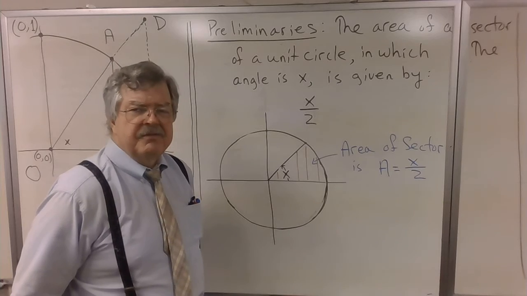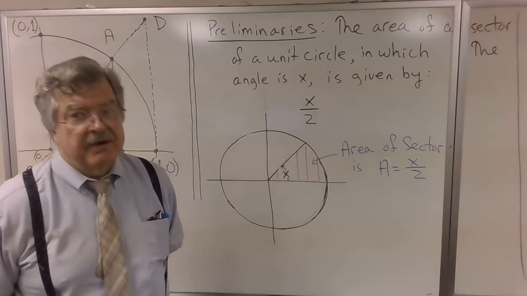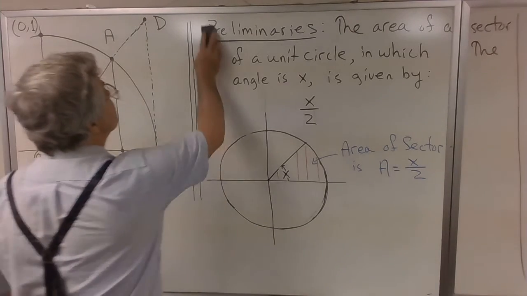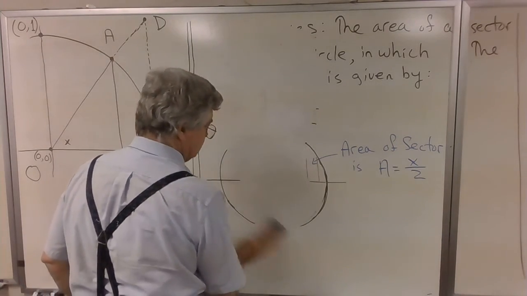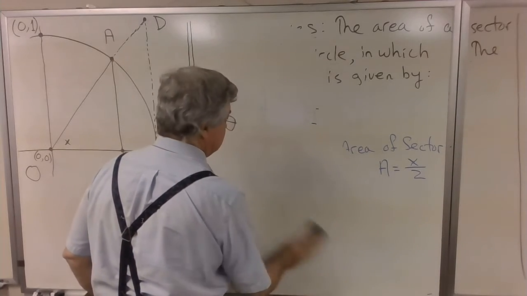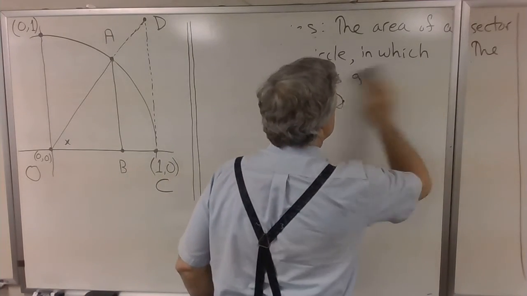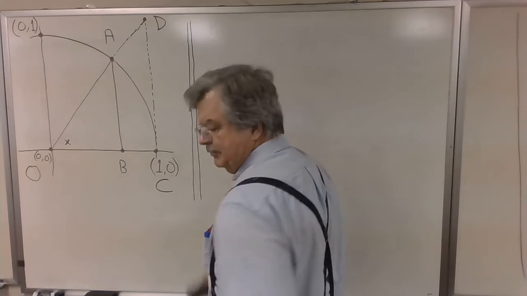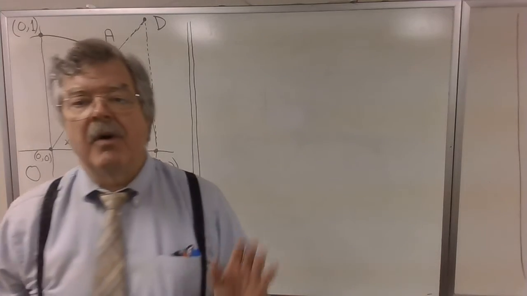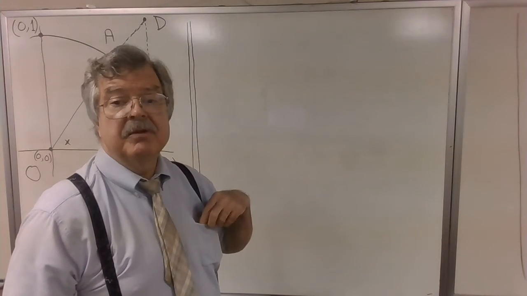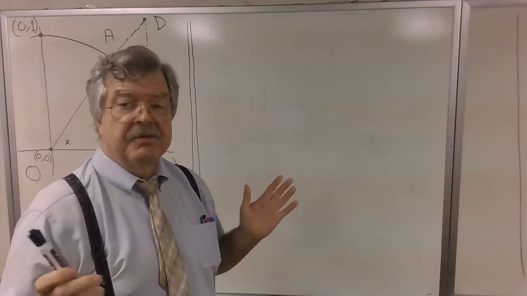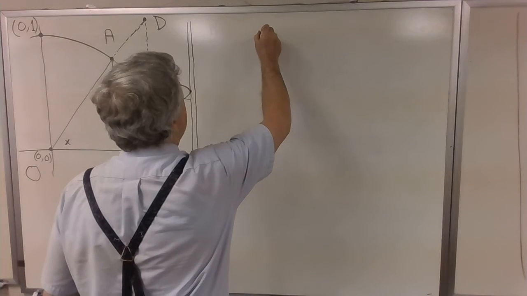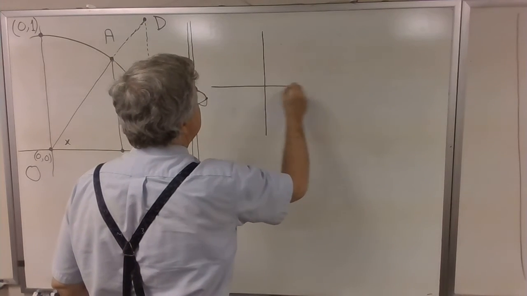And to justify this, I'm going to give an intuitive argument. For all of these examples that I'm going to give, the radius is going to be 1. We're working with the unit circle. So let's look at the simplest case.